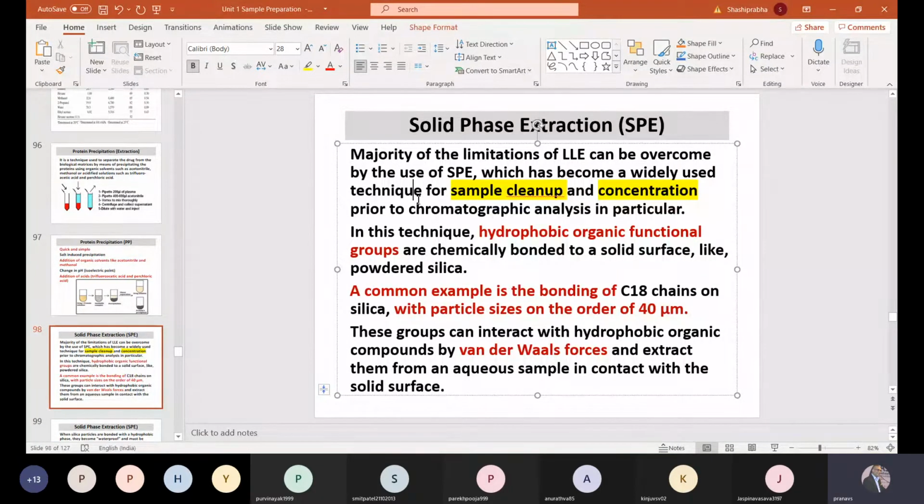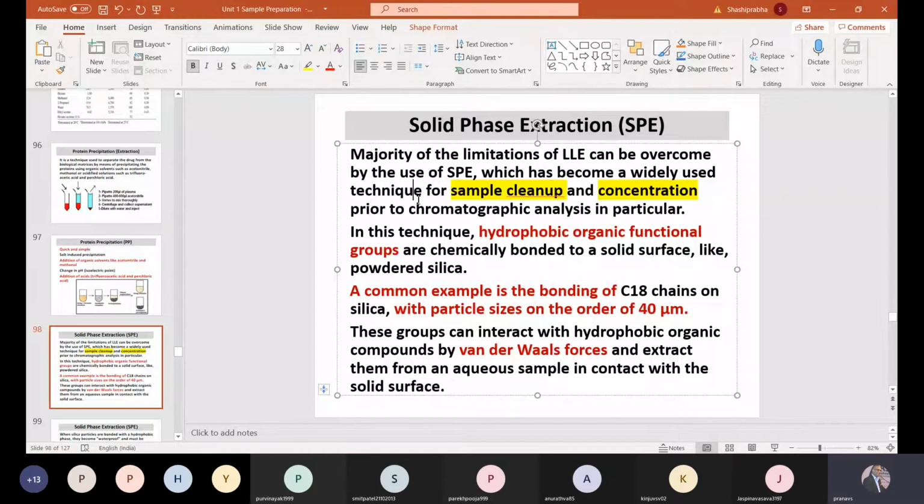See, as we studied in LLE, we can extract cations, and we can extract organic molecules which are essentially covalent in nature, from aqueous phases, right? This is what we used to do in liquid extraction.